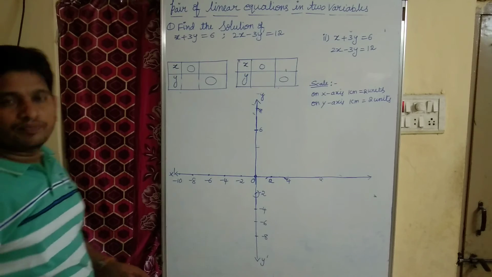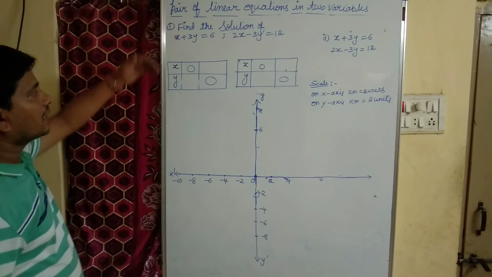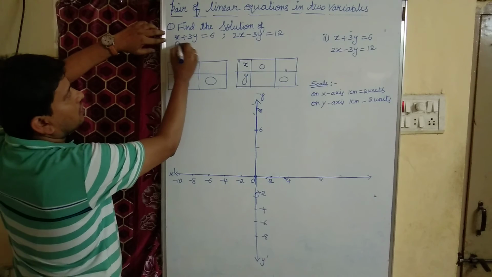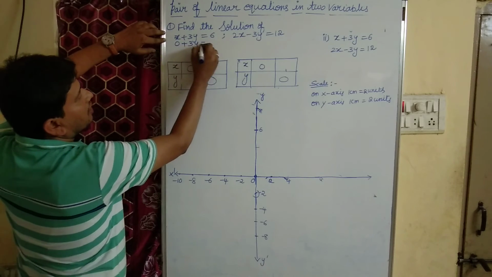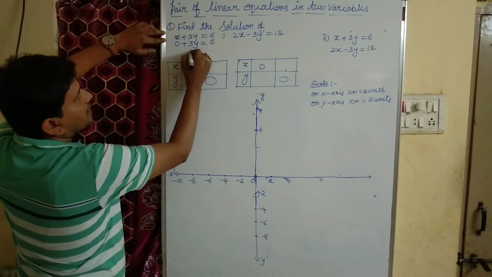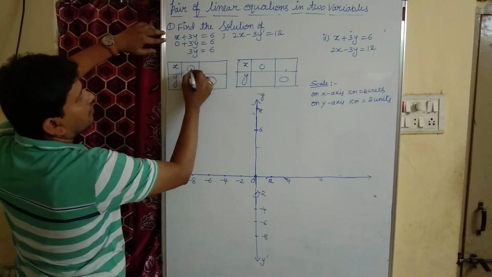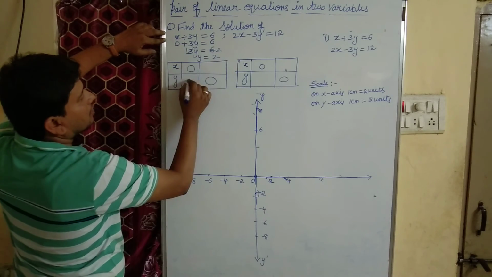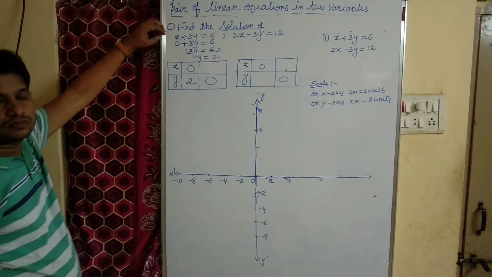Right? Same method. You take one time x equal to 0 and another time y equal to 0. If you take x value 0 here, 0 + 3y = 6, so 3y = 6. 3 twos are 6. The y value is 2.